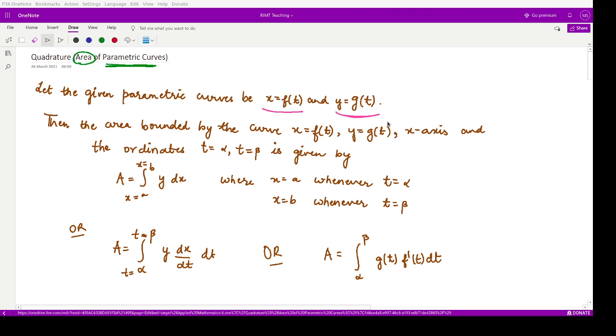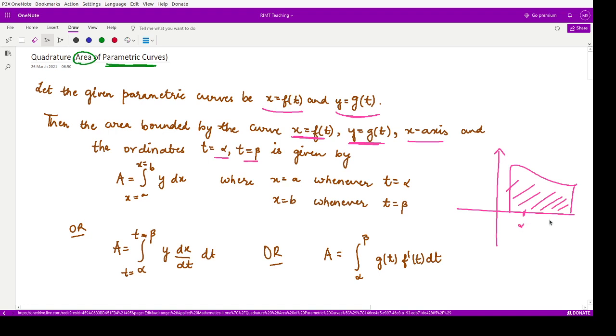Then, how can we find the area which is bounded by these curves, x is equal to f of t and y is equal to g of t, and the x-axis, having coordinates from alpha to beta? So what we are saying is, if you have some curve, what would be this area between the x-axis and the curve, and between the points alpha and beta, right?